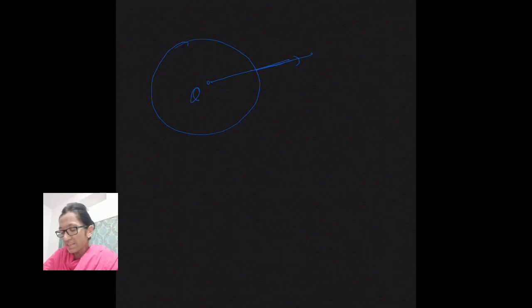Now go a distance r along the radially outward direction. Go a distance r, this distance, and go along another direction the same distance r. Both are the same. Now at which point will you find the potential lowest? At this point P or at this point S. Look here, S is closer to the point charge Q. It is closer, so here the denominator is less. Let me write the formula.